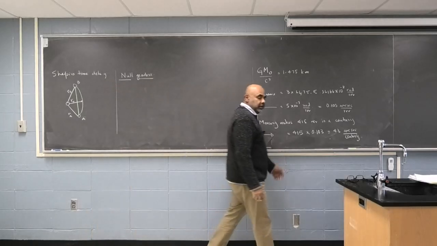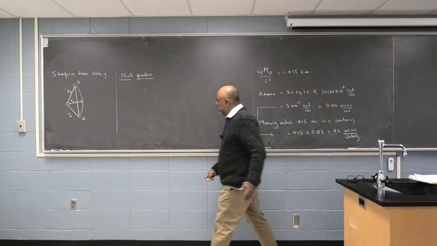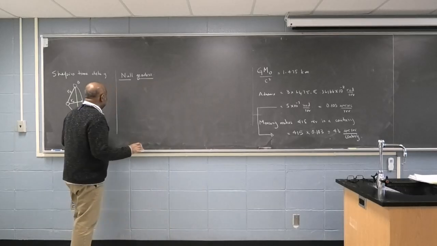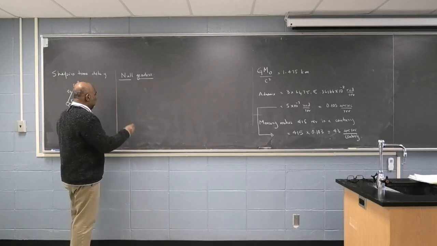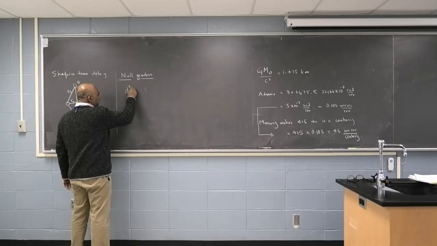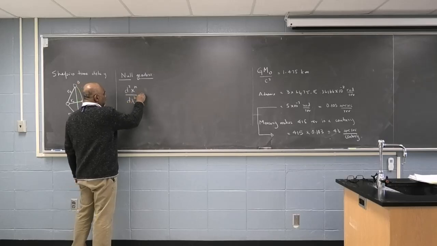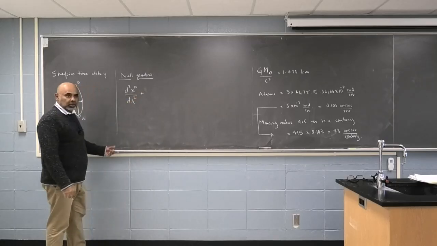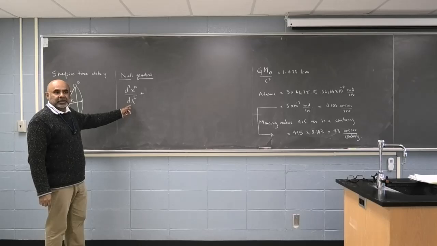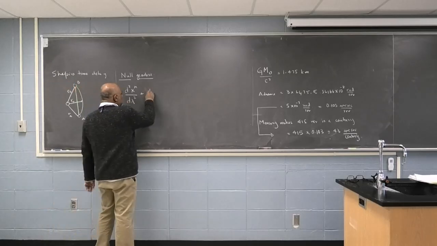A null geodesic indeed satisfies the geodesic equation. Let me just be pedantic here and write this carefully. It'll exactly look like this, but I don't have a d tau, so I could use an S or lambda. I don't want you to be obsessed with the parameters, so I'm going to just make a change and call it lambda here.